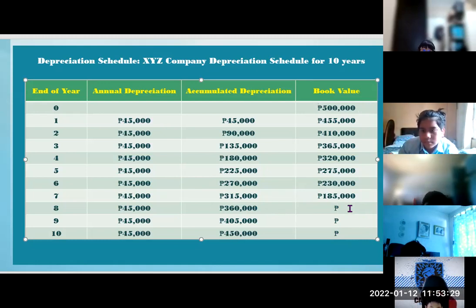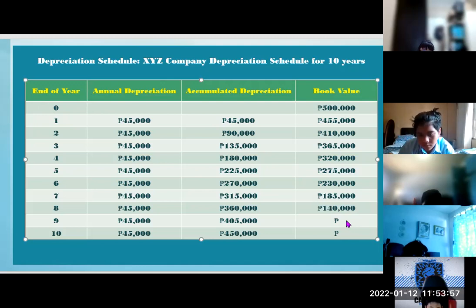Negative 140,000, teacher. No, we're positive. Let's start with 500,000 minus 360,000. Again, 500,000 minus 360,000. 140,000. Okay, correct. It's 140,000 pesos.